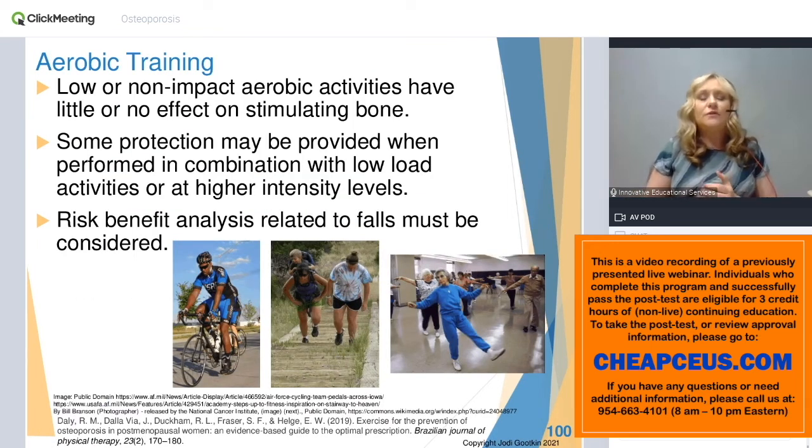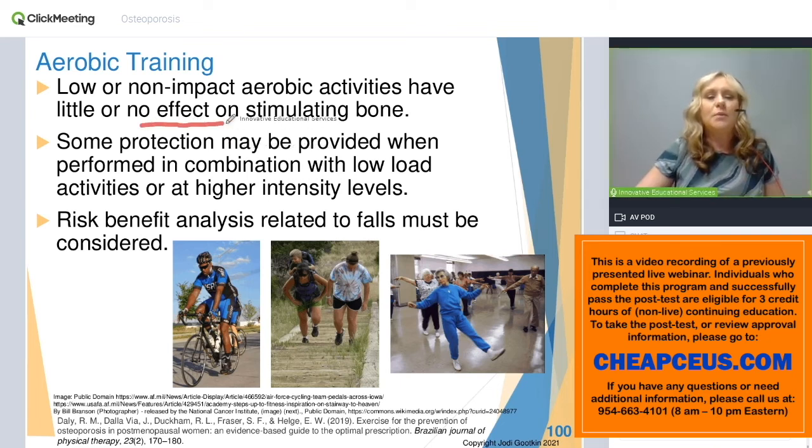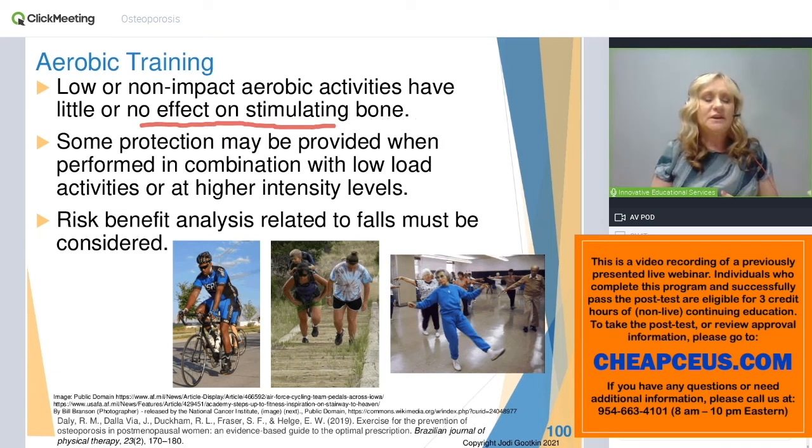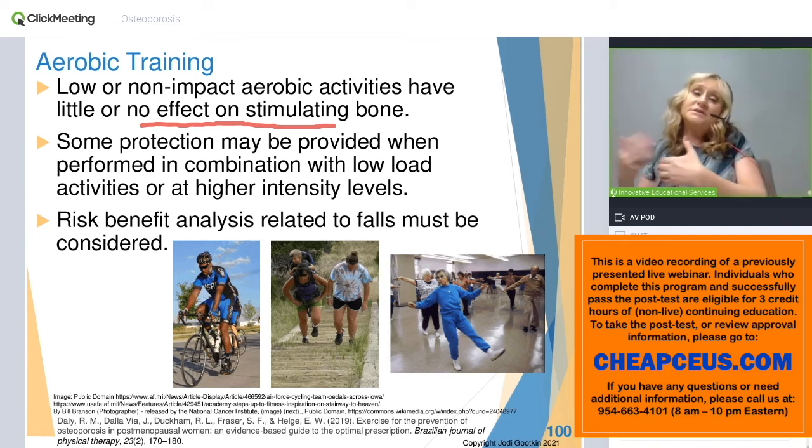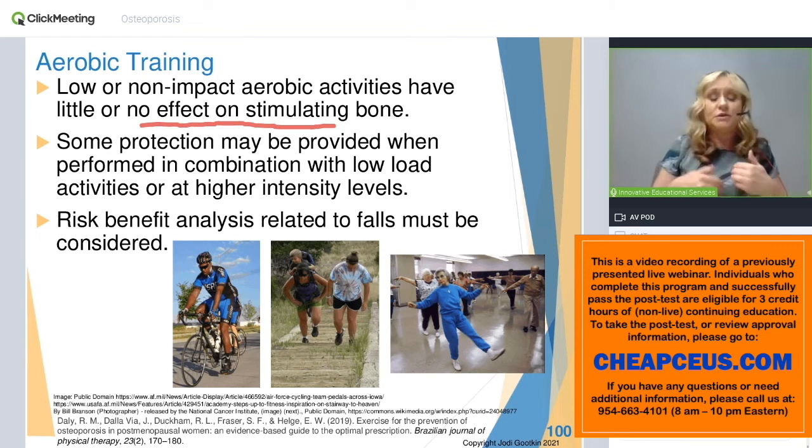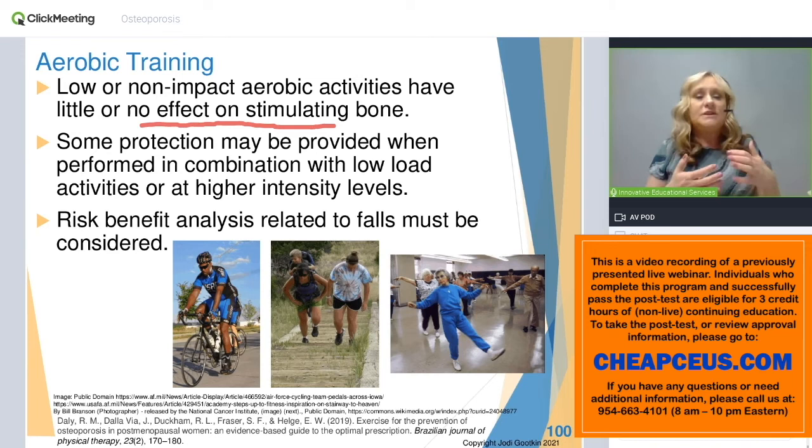Aerobic training, for individuals to prevent osteoporosis or to have a benefit on the bone, really is not happening. They're not bone-stimulating types of activities: running, cycling, swimming. However, they are good for general cardiometabolic functioning that may help address other causes of secondary osteoporosis, or for general health and well-being, but it needs to have other components added to be more osteogenic in nature.